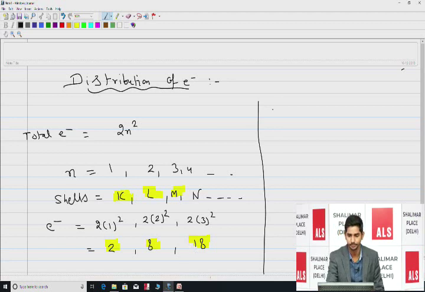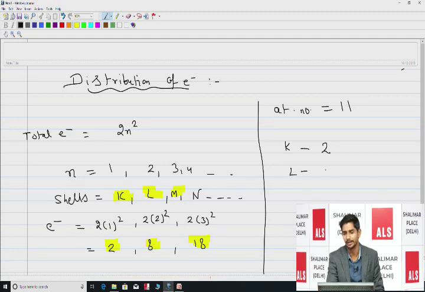Now, let's say suppose we have atomic number 11 and they are saying write its electronic configuration. Atomic number is 11. So how can you write it? First shell will definitely be K, which can accommodate only 2 electrons.